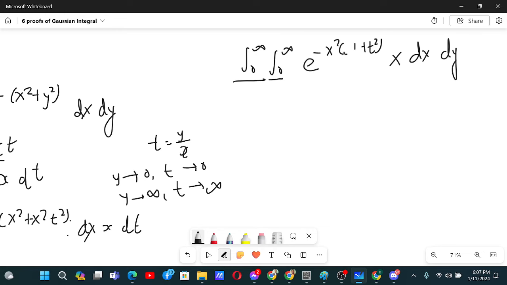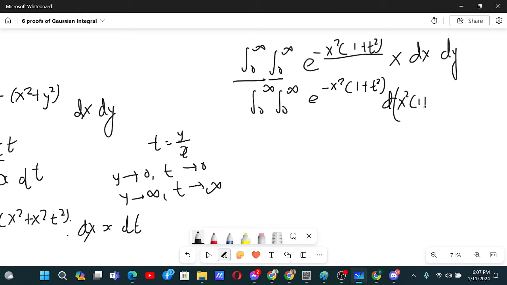Now for this, you can introduce the derivative of the term e to the power minus x square 1 plus t square, that will be the derivative of x square 1 plus t square, and then introduce some constants, which will be 1 by 2 times 1 plus t square.